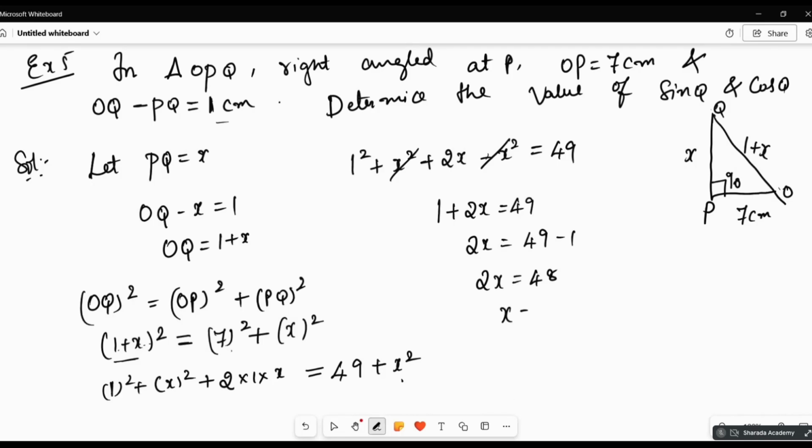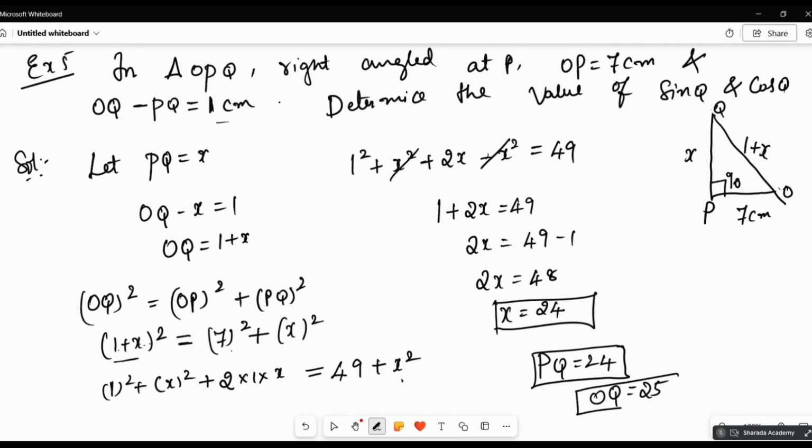So x will be equal to 24. So what is x? We have taken PQ. So PQ is equal to 24. Okay. And OQ is the hypotenuse, that is equal to 1 plus x. So it is 25. So this is 25. This is 24.